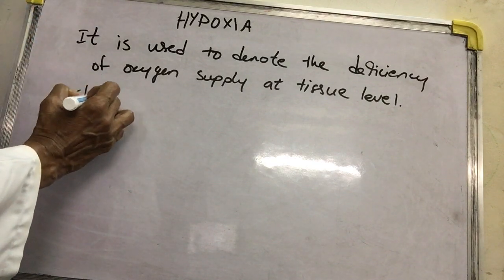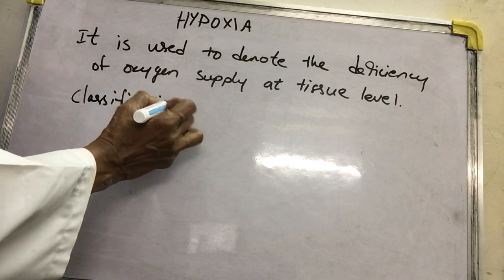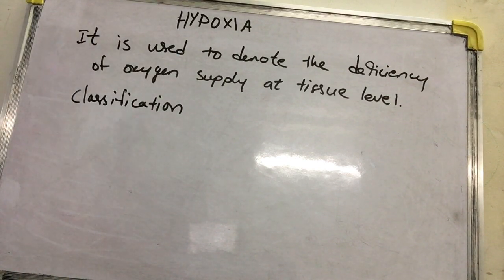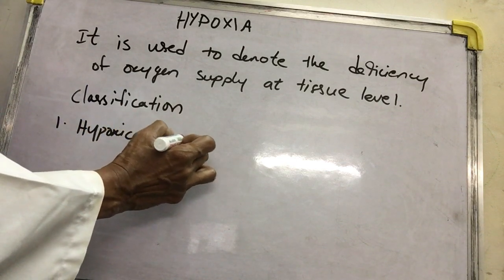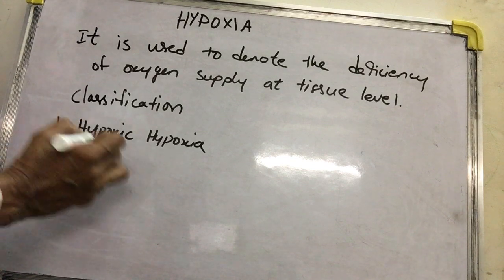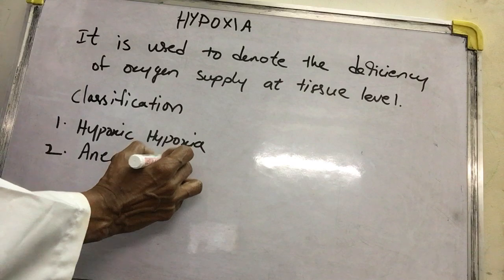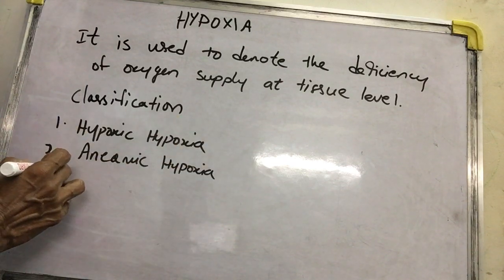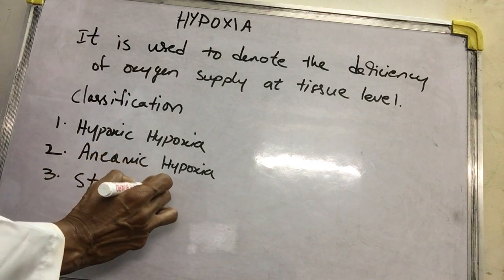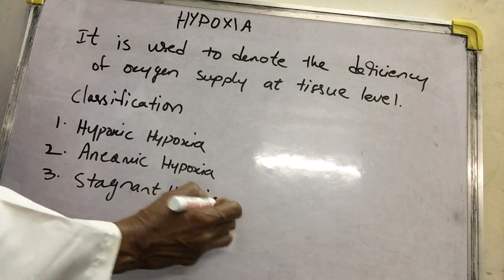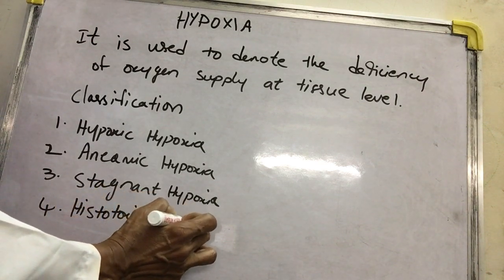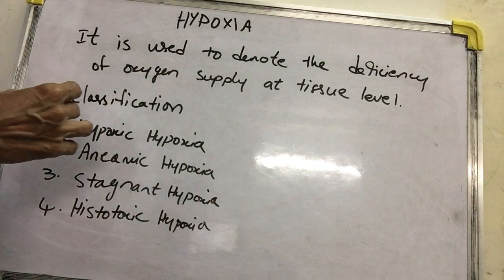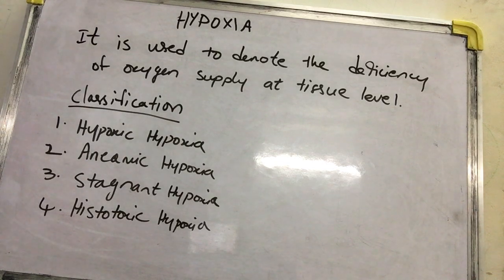Coming to the classification of hypoxia, or types of hypoxia. Hypoxia can be classified into four types: hypoxic hypoxia, anemic hypoxia, stagnant hypoxia, and histotoxic hypoxia.